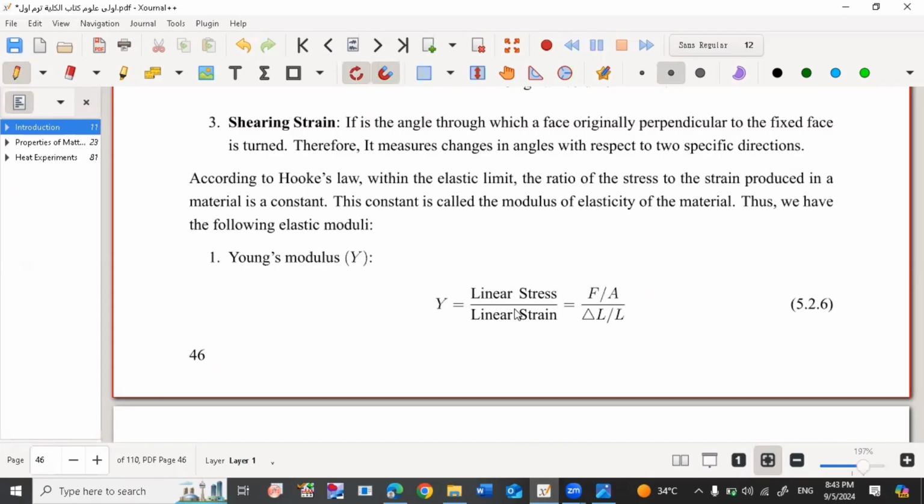So we are going to say there's a linear stress here, F over A. This is related to the stress, but it's a linear or longitudinal stress. And there is a strain, and it will be delta L over L, and it's related to a linear strain.